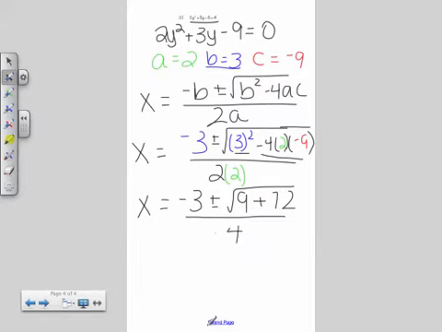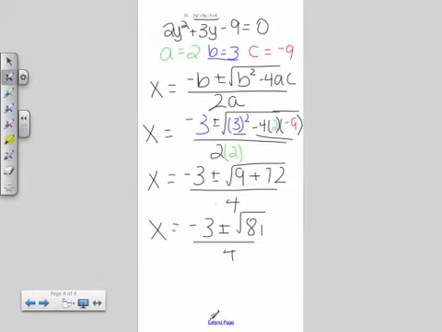All right, so then I can combine my like terms. I get negative 3 plus or minus the square root of 81 all over 4, which actually turns out to be a nice even number for me right here. It's a perfect square.